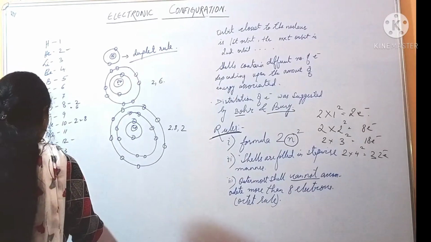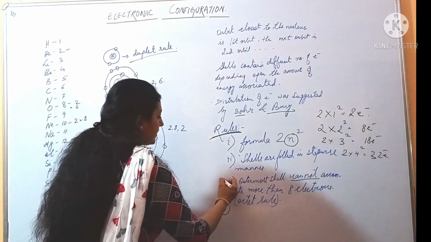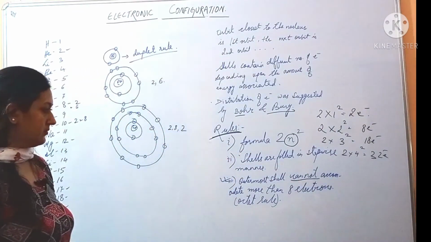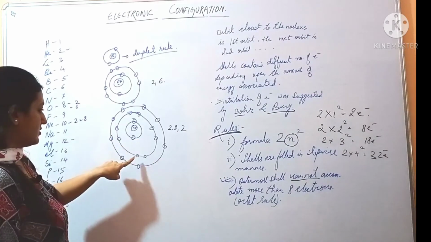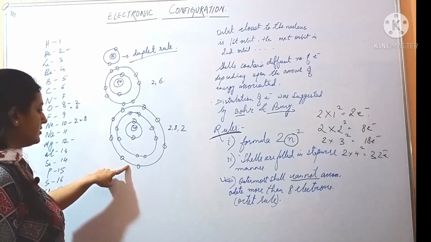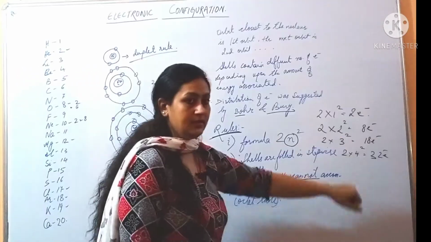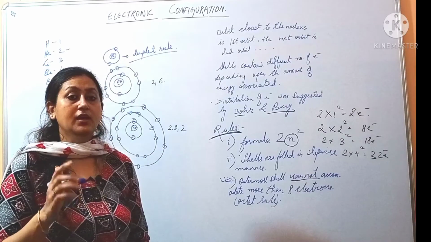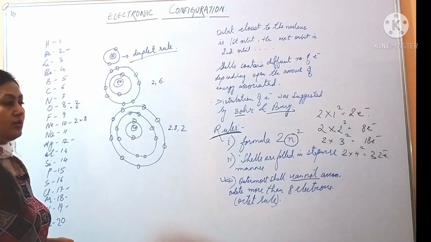So done with argon. Now coming to potassium. Here you will get to understand this rule. This is the first orbit containing 2 electrons. This is the second one containing 8. Now this is the third one. It has 8 electrons, but it has the capacity to accommodate 18 electrons. Potassium has atomic number 19.